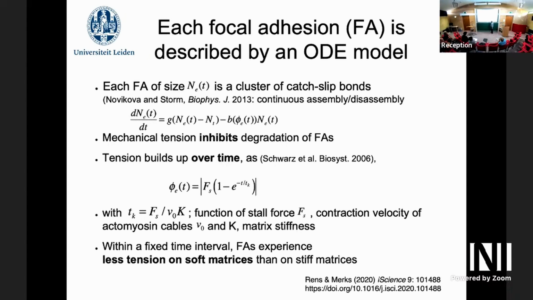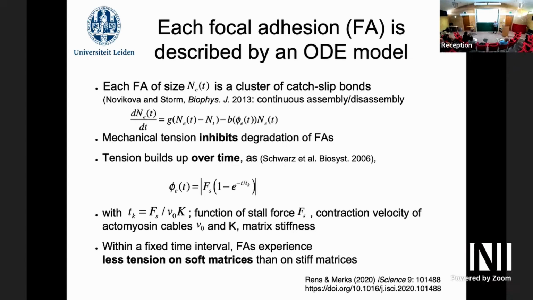Then we assume that tension in the adhesion is building up over time. This is due to the model by Sparks. Basically we say that if you're on a soft matrix and the cell starts pulling, it takes a little while before it reaches the chemical equilibrium. But if you're on a stiff matrix and the cell starts pulling, it reaches the stalling force really quickly.